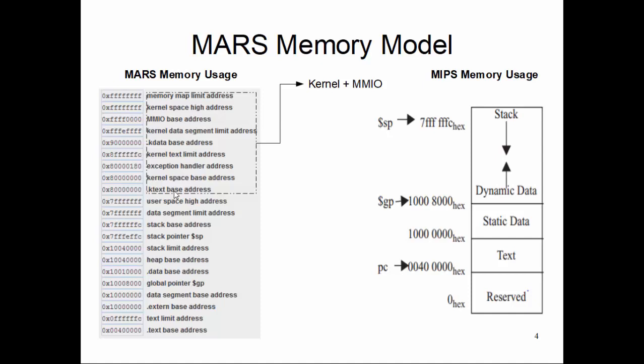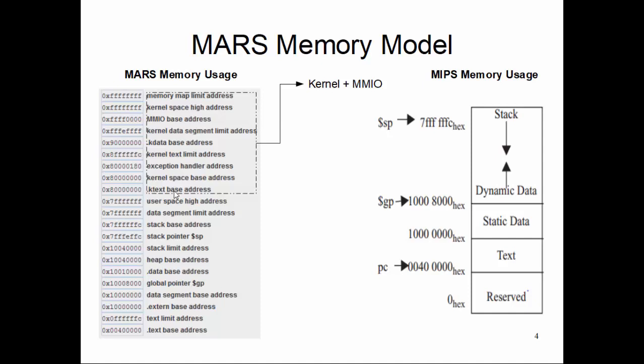Remember in the IDE, Mars provides you system call functions like syscall, for printing strings, printing integers, etc., and scanning from the keyboard, taking the value from the keyboard. Those kinds of little operating system functionality it gives you in your assembly program. This part is actually part of the memory they're presenting to the simulation environment of the MIPS.